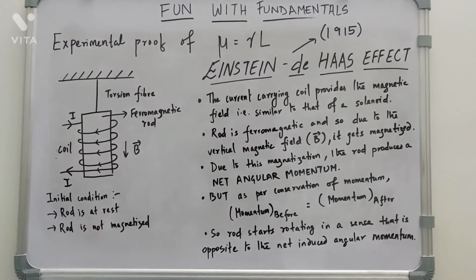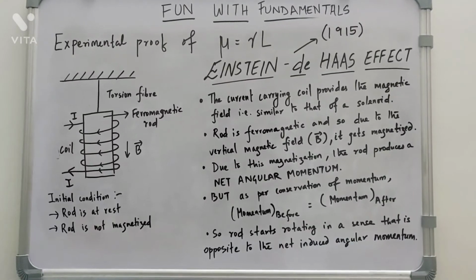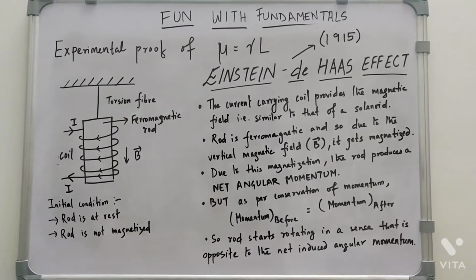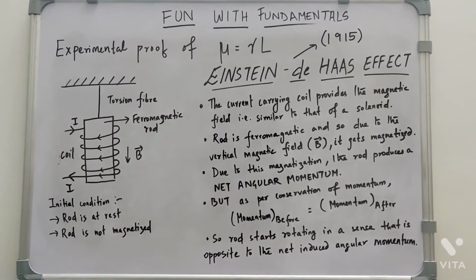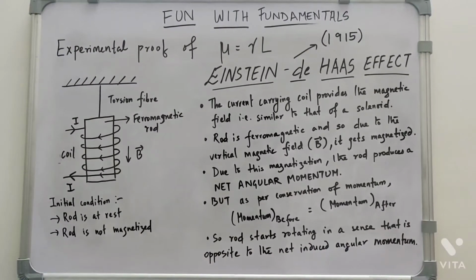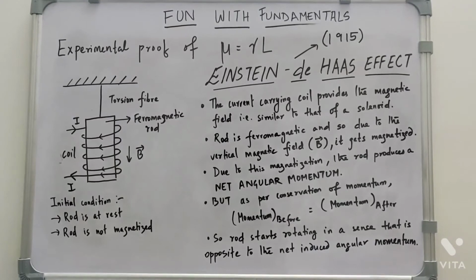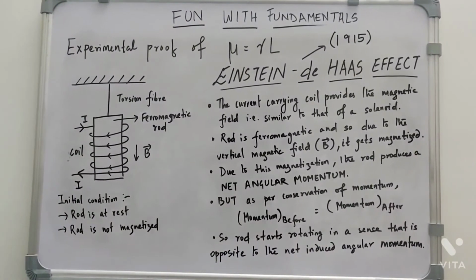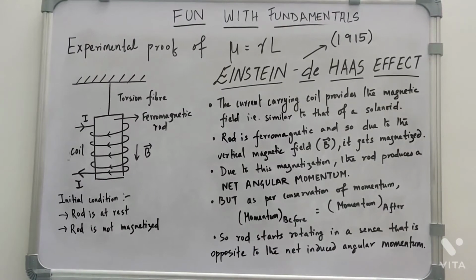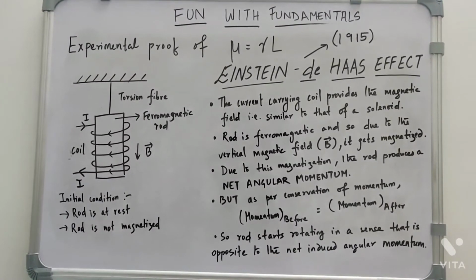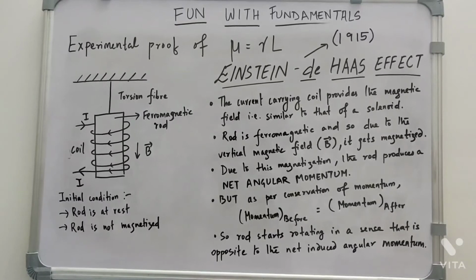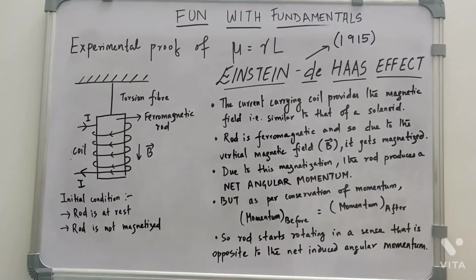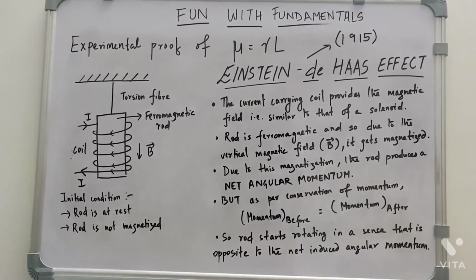Now we will give the experimental proof of the relation mu equals gamma times L. This was experimentally proven in 1915 by a phenomenon known as the Einstein-de Haas effect. For this experiment, consider a ferromagnetic rod hung from a torsion fiber, and a current carrying coil is wound around the ferromagnetic rod as shown in the figure.